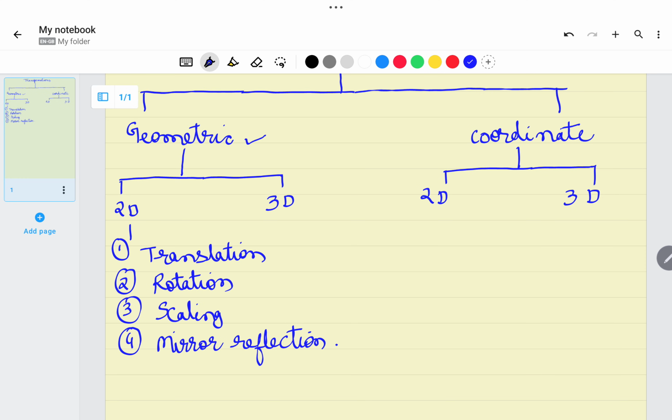These four transformations are also possible in 3D. We are not going to deal with any numericals on 3D geometric transformations, only the fundamentals. For 2D, we will solve some numericals based on all four transformations.